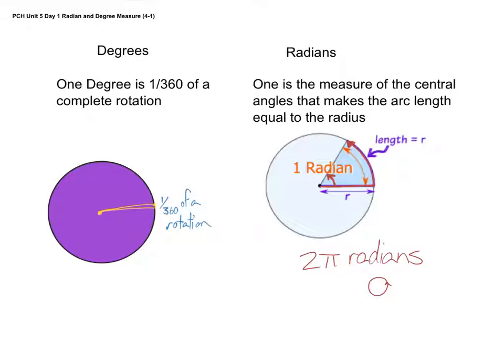Alright? Which means half of a circle would be 1 pi. Okay? So pi, okay, that's going to be a semicircle. Alright? So, if I'm looking at it in standard position, notice that's what I would see.